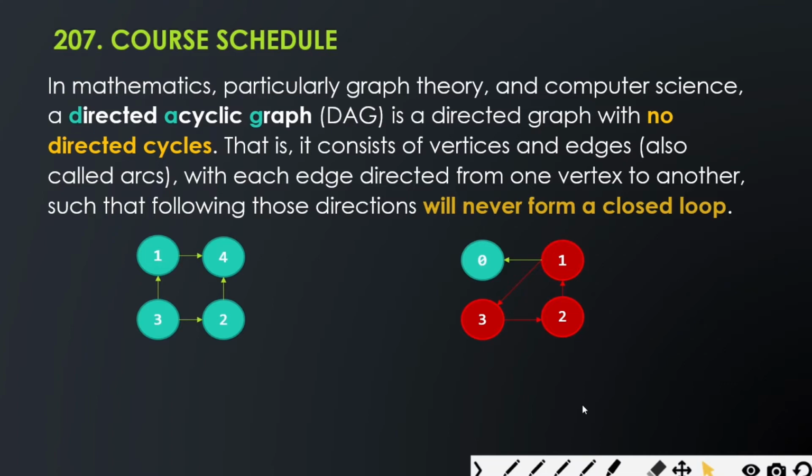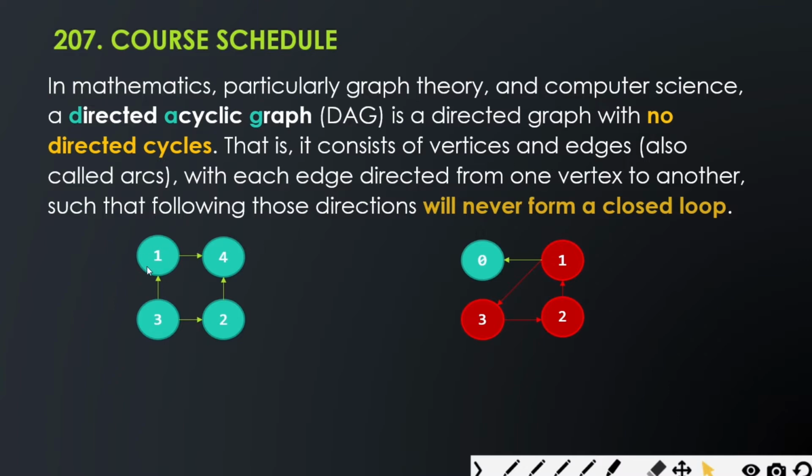What we're basically looking for with this particular problem is a cycle or no cycle. Formally, it's known as a directed acyclic graph, which is just a directed graph with no directed cycles. It consists of vertices and edges.